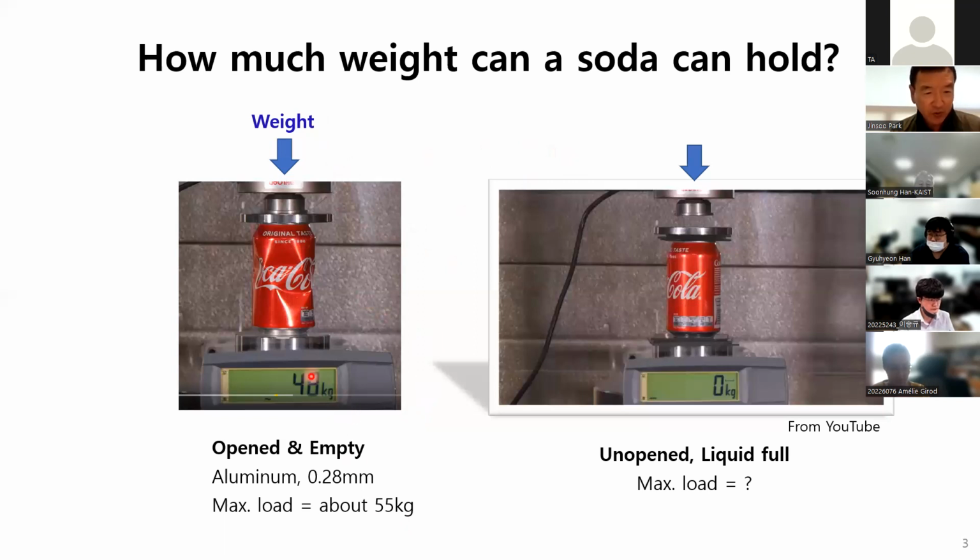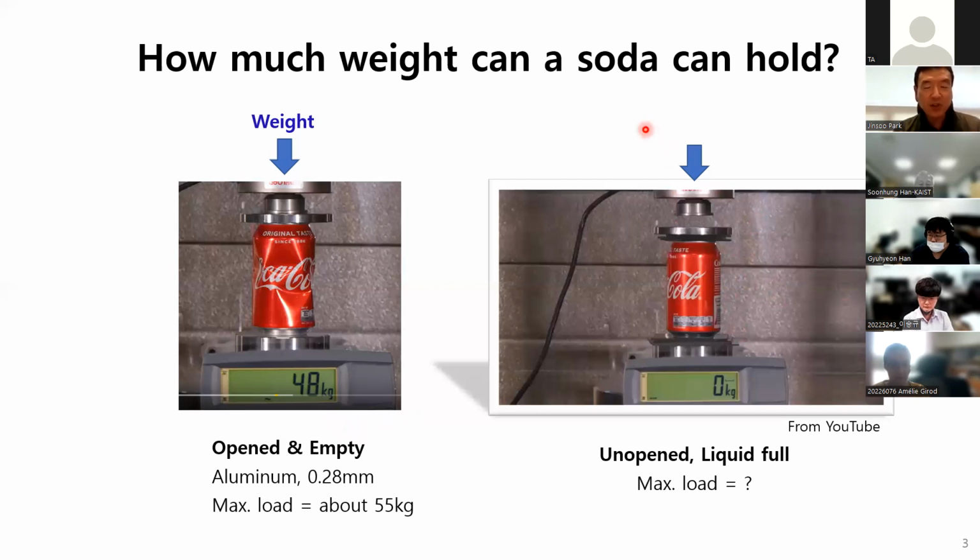The photo shows 48 at the moment, a little bit after the load reached the maximum. On the other hand, in the right one, the question is, how much load can a soda can hold in the unopened and liquid-full condition?